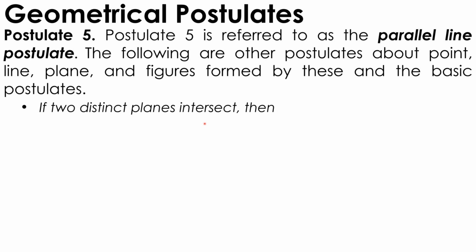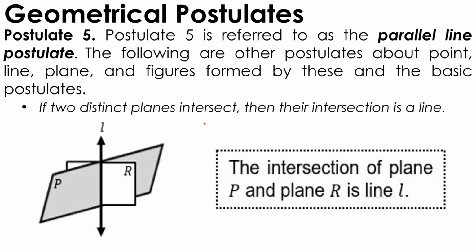If two distinct planes intersect, then their intersection is a line. So we have this figure. We have two planes, plane P and plane R. Now, when they intersect, their intersection is line L.